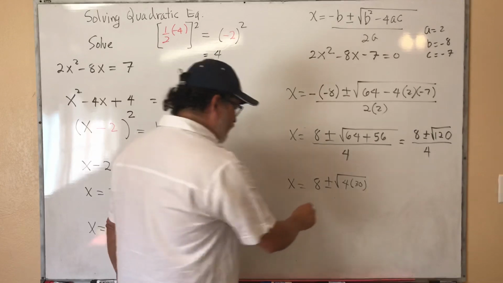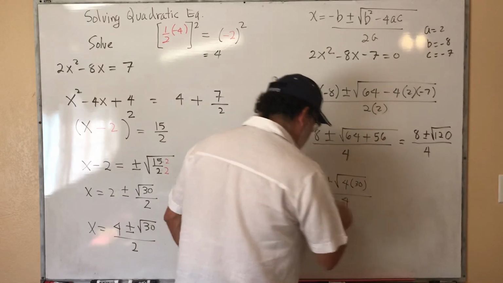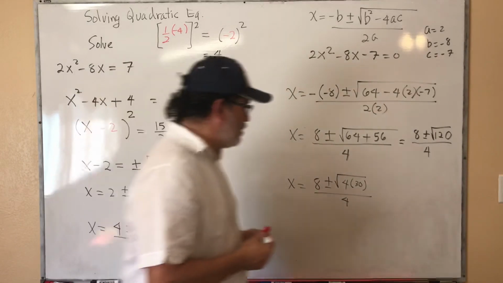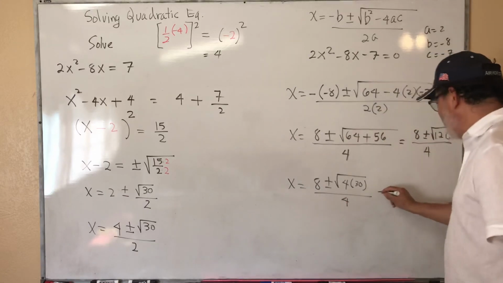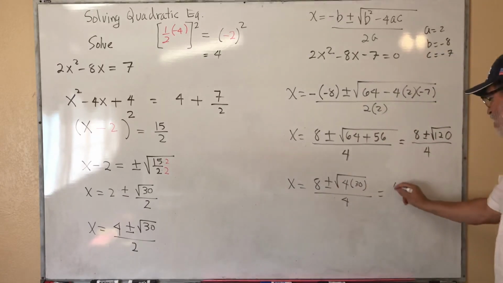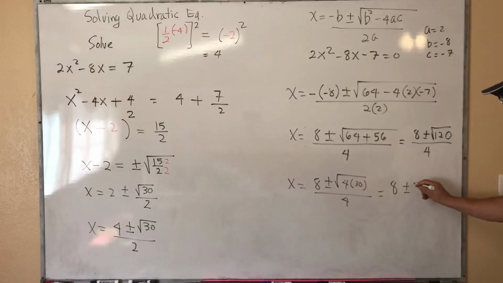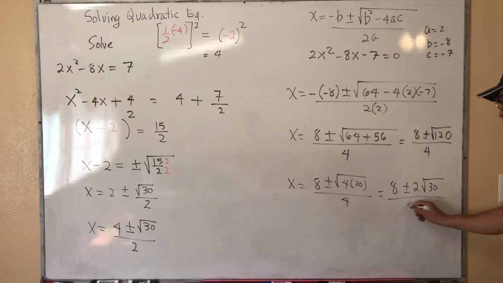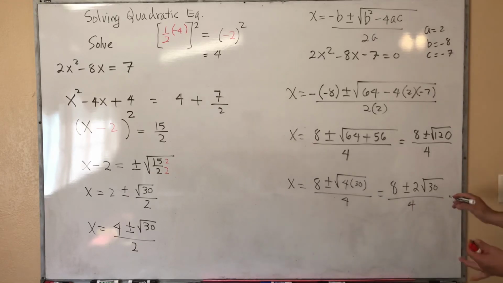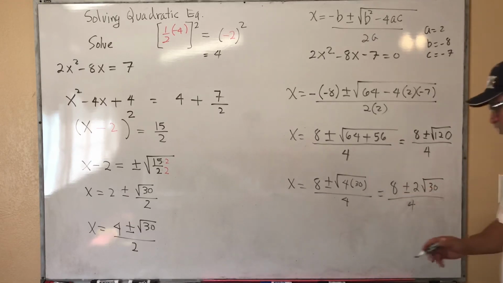Okay, over 4. And what's good about this? This is 8 plus minus, what is the square root of 4? 2, the square root of 30 over 4. Simplify this. Factor out a 2.